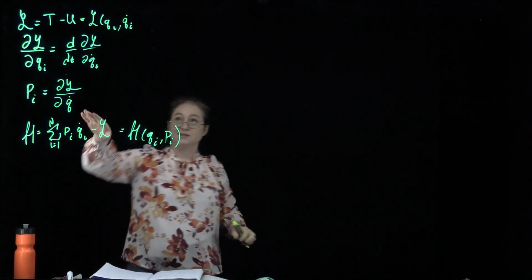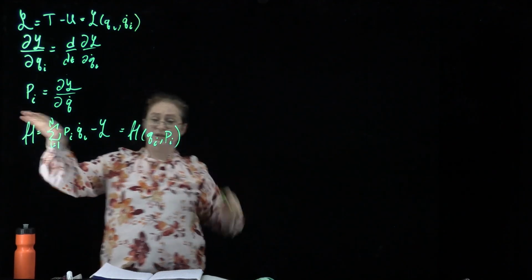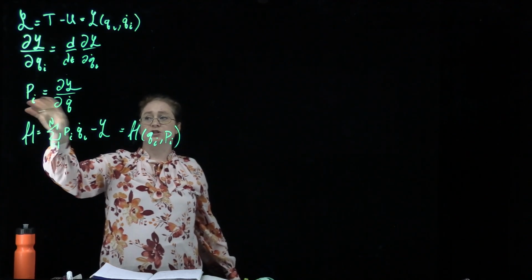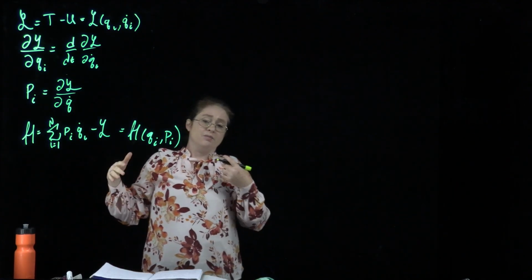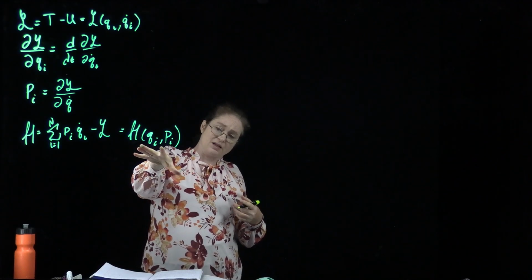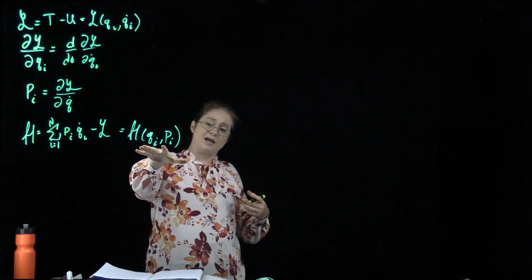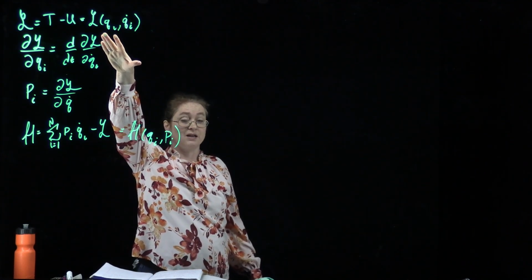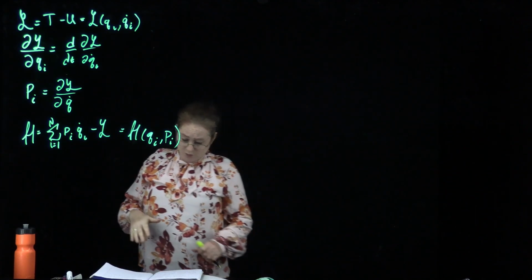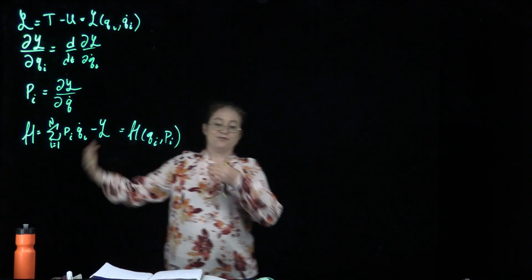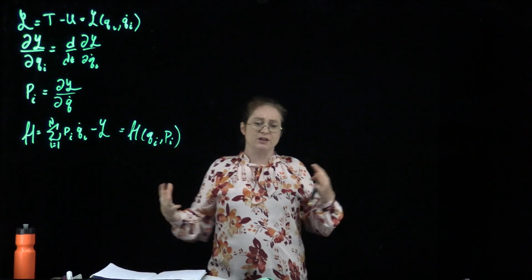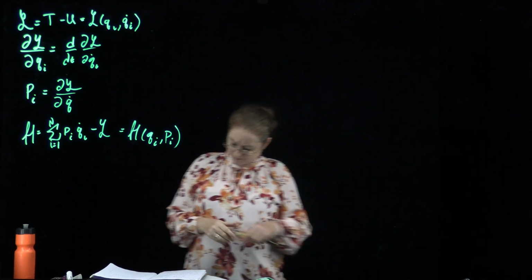Now, in some sense, these are a little bit redundant because the p_i are really functions of the q_i and q_i dot, but by explicitly defining the Hamiltonian in terms of q_i and p_i, and the Lagrangian in terms of q_i and q_i dot, there's a different philosophical approach behind it.